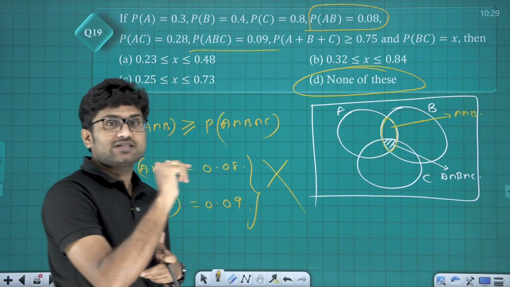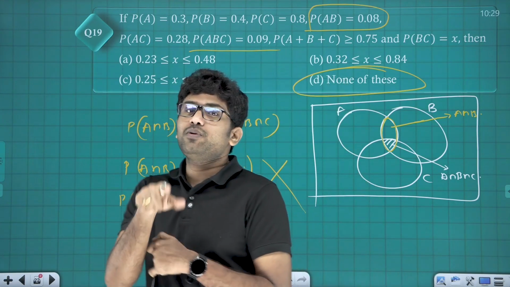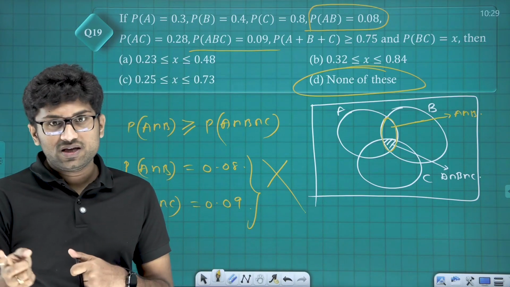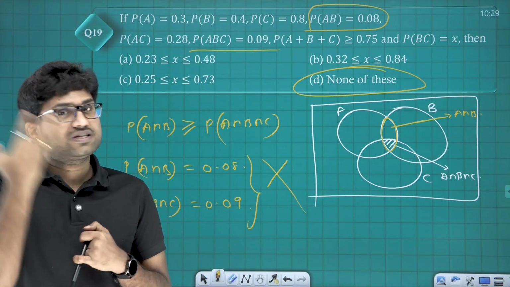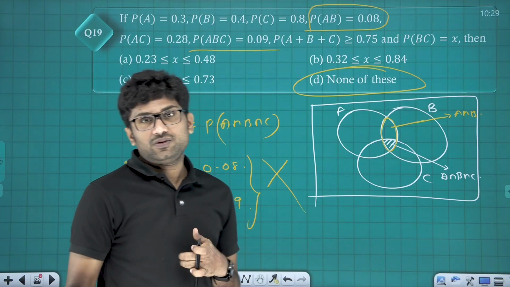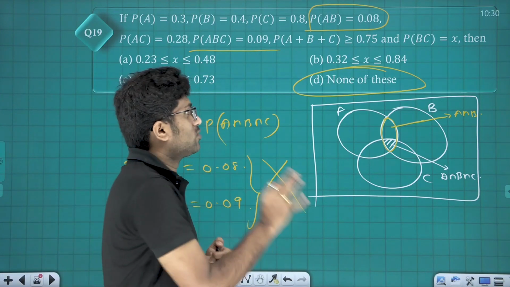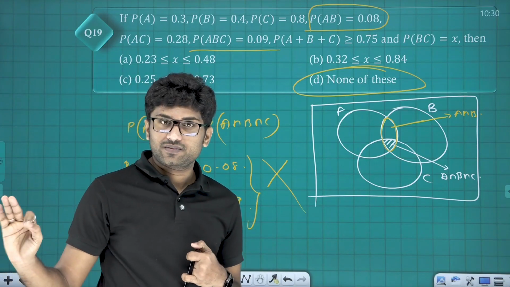So as the probability of the occurrence of A and B is less than the probability of occurrence of A, B, C, this situation is not possible at all. Hence there exists no value, no situation, so none of this will be the correct answer. Answer for this question is none of this.